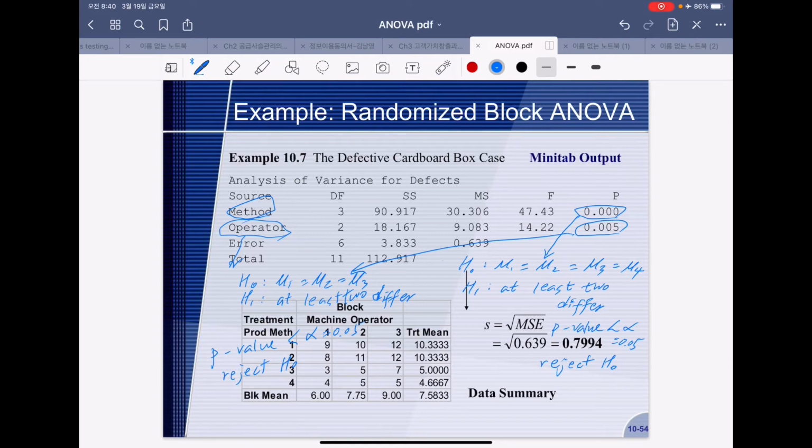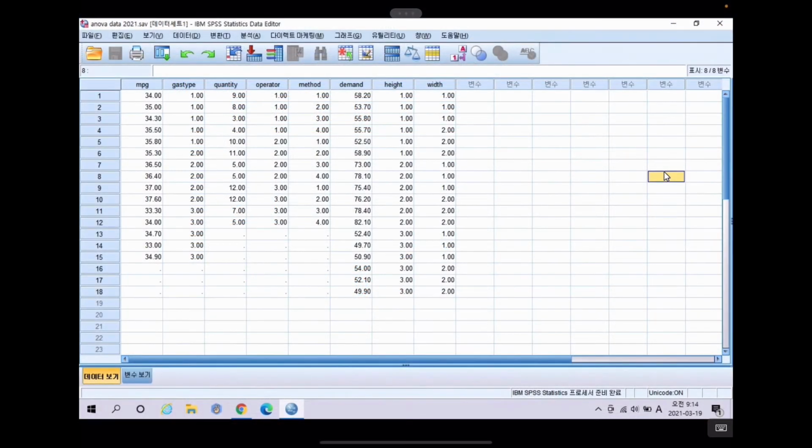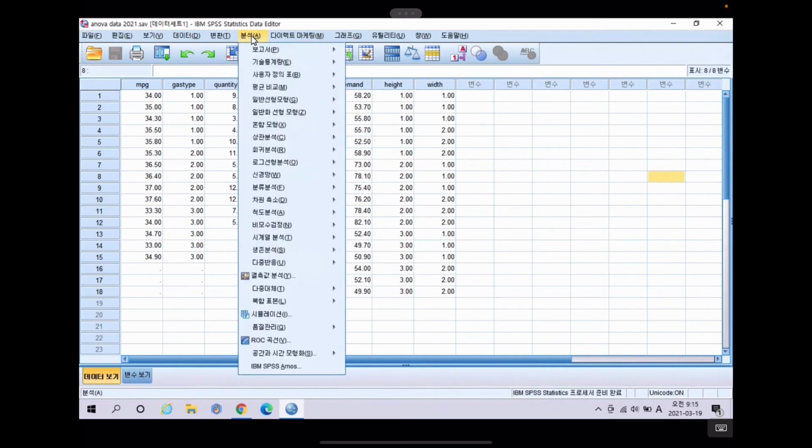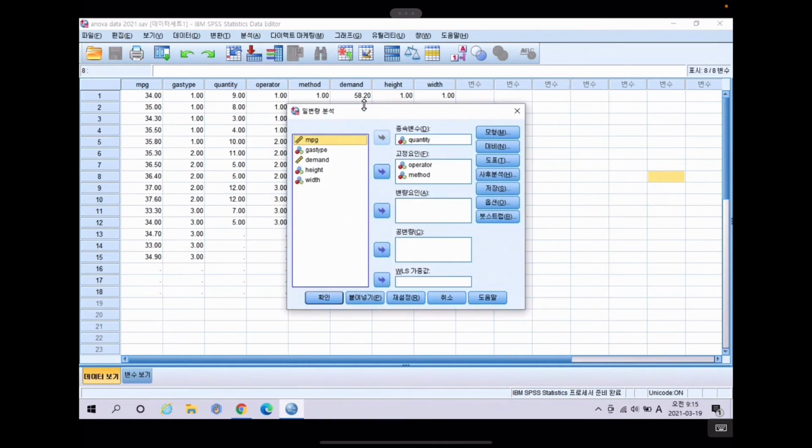Let's go to the SPSS. So we are in the SPSS. Let's do the pairwise comparison. You go to Analyze, select General Linear Model, and select Univariate. We already moved the variables and the factors to the right.